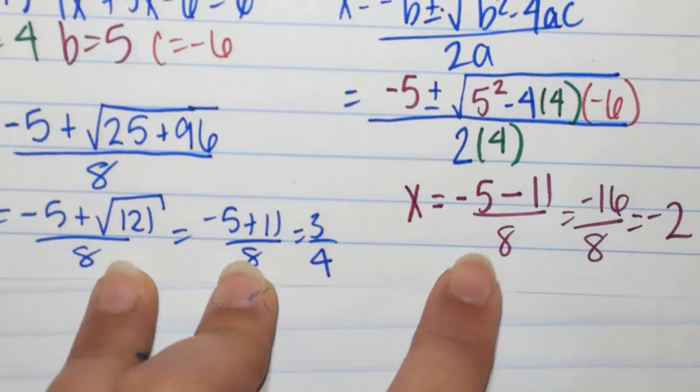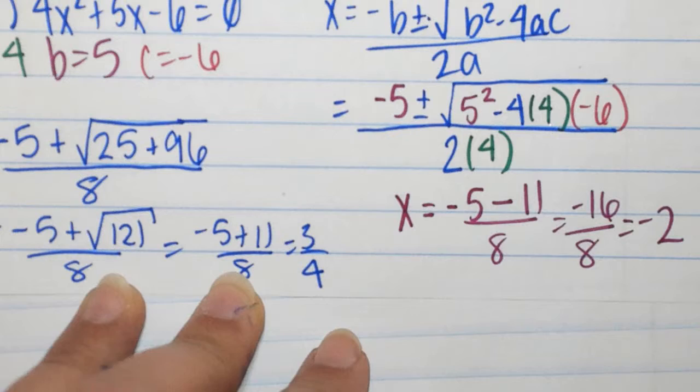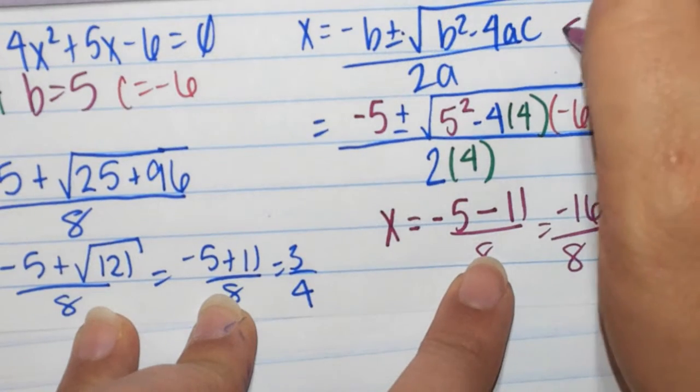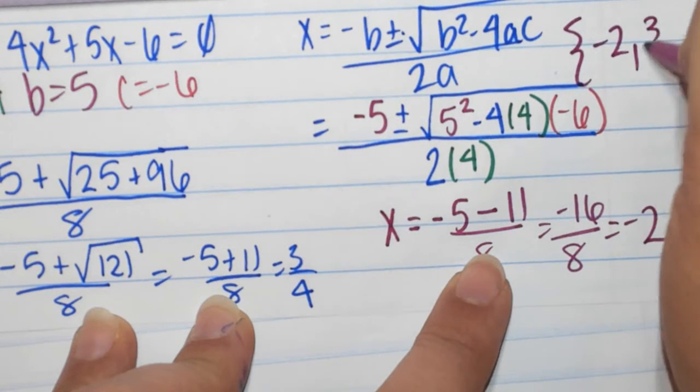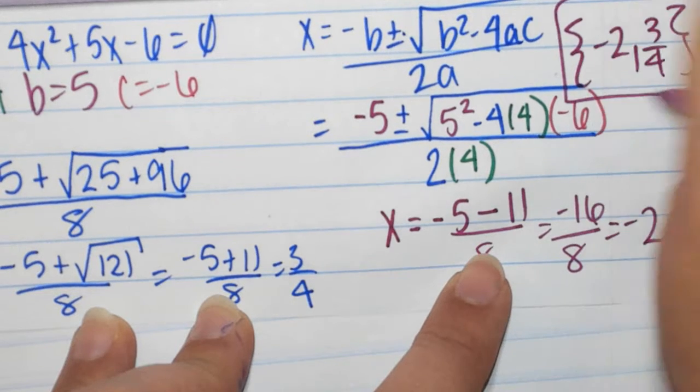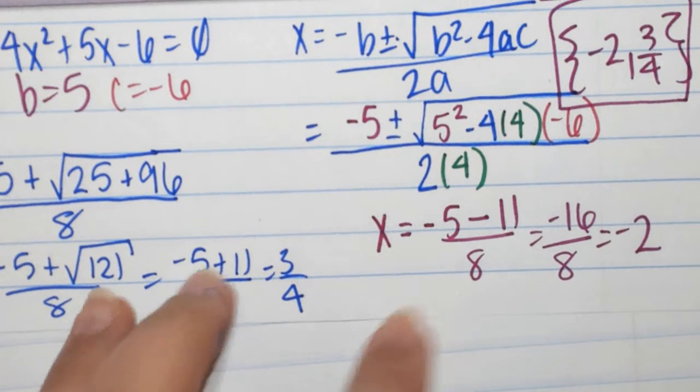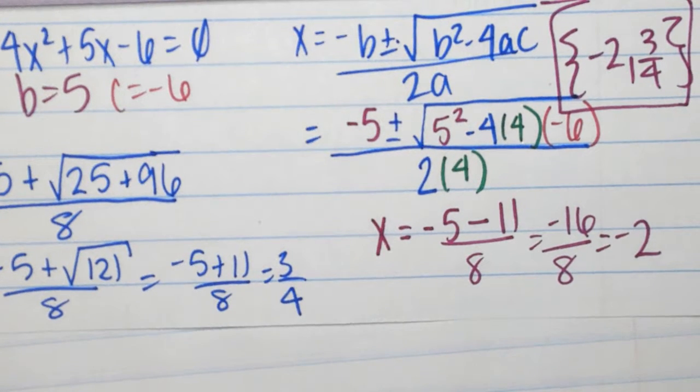Should I get negative 2 for your other answer? Yeah. So your solution is negative 2 and 3/4, and we write it in brackets, because it's a set, not a coordinate.